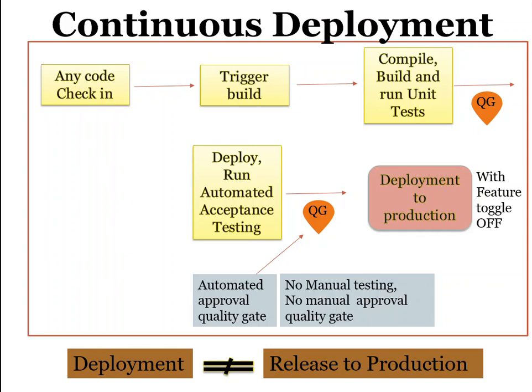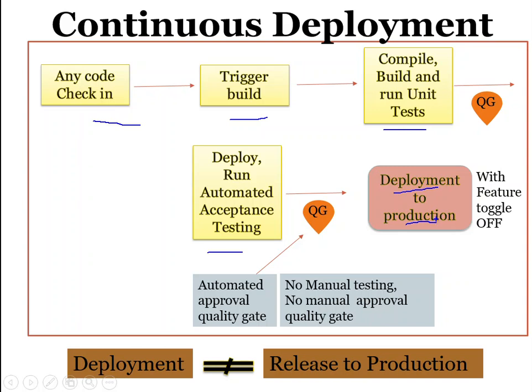As you see in this diagram, which is the same as the continuous delivery pipeline, there will be a build trigger, followed by the code check-in, automated compilation, build, unit tests, deployment, and other automated tests till the deployment to production.